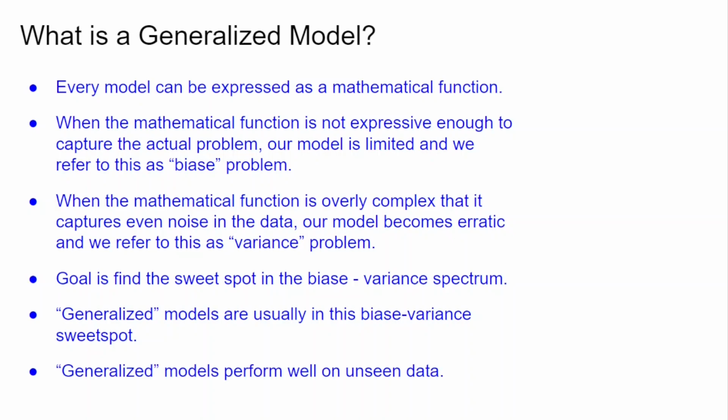Another key fact is that a model, if it is generalized, usually performs well on unseen data. That is taken as one of the examples to understand whether a model is generalized enough: if it is put into production and sees unseen data with certain manageable variances, it should be able to handle and absorb it.